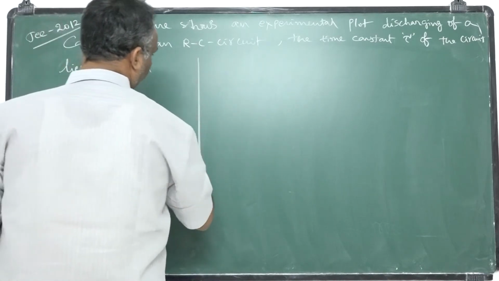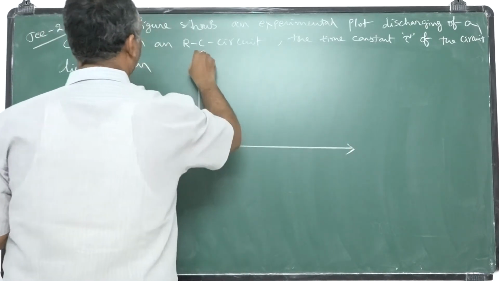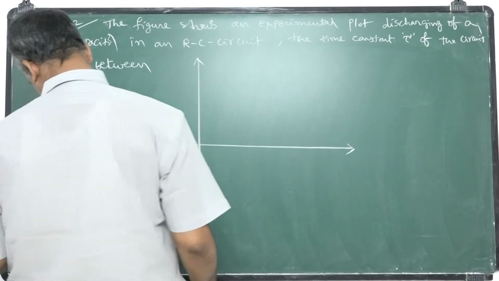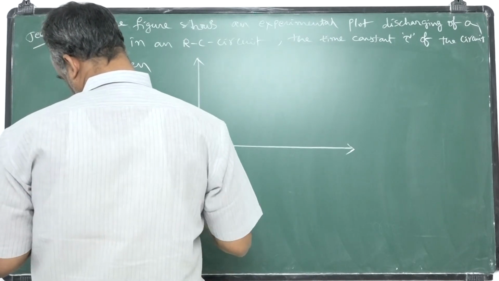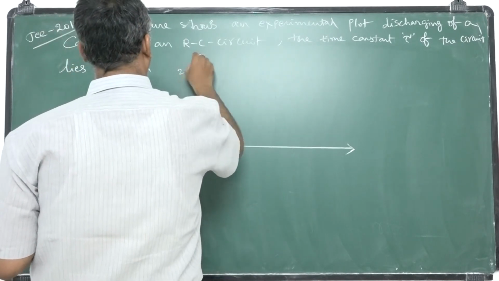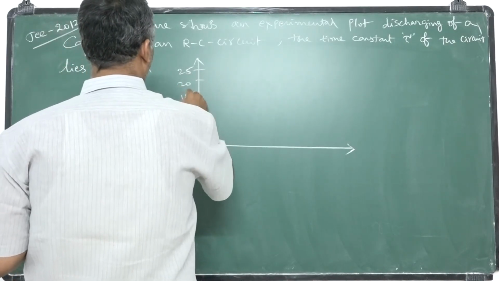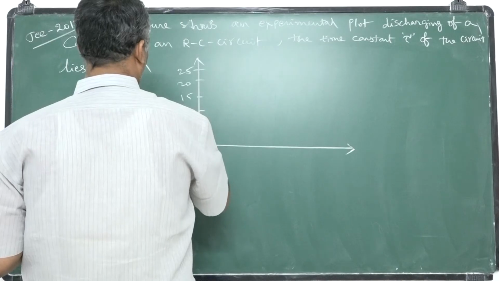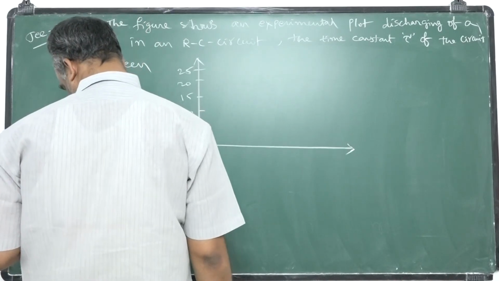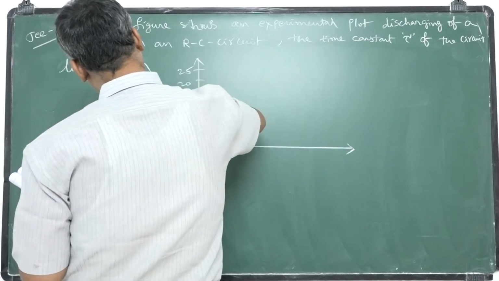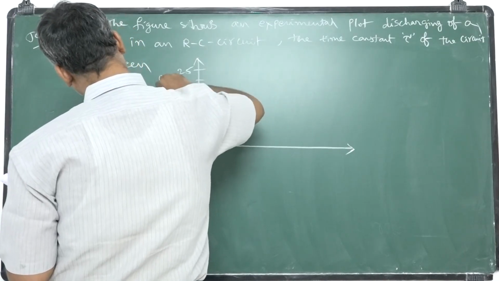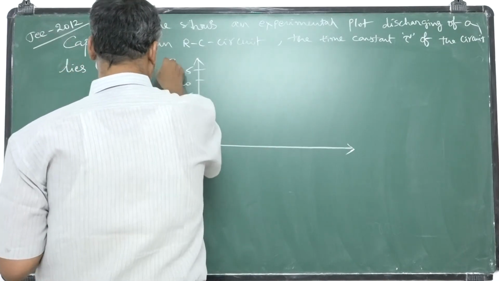Here is the graph. This graph consists of readings from 25, 20, 15, 10, 5, 0 like this. This is the potential difference in volts or EMF in volts.